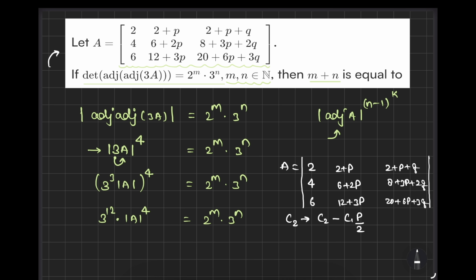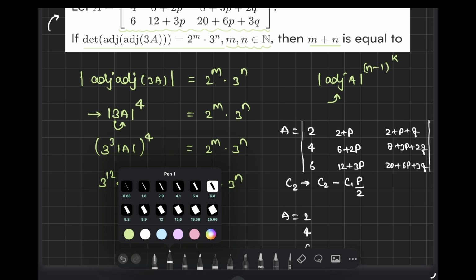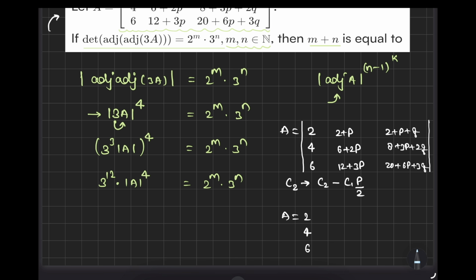So your A will look like 2, 4, 6. We will still do the manipulation now. So 2 minus 2p by 2, so p is gone, so we will be left with 2, correct? And then 4 by 2 will become 2, and 2 times p, so 2p is gone. So we are left with 6 and then we are left with 12.